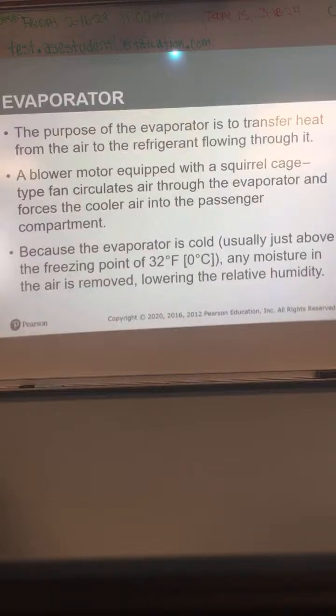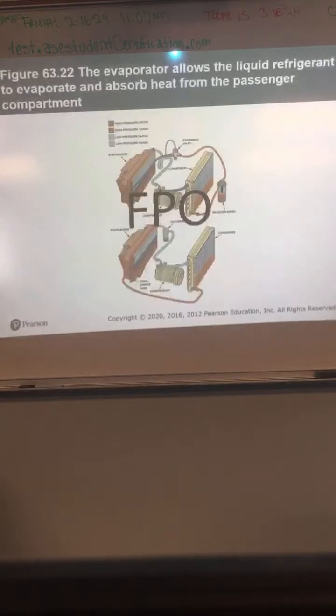The blower motor is equipped with a squirrel cage, a type of fan that circulates the air. Because the evaporator is cold, usually above freezing, any moisture is removed, lowering the relative humidity.